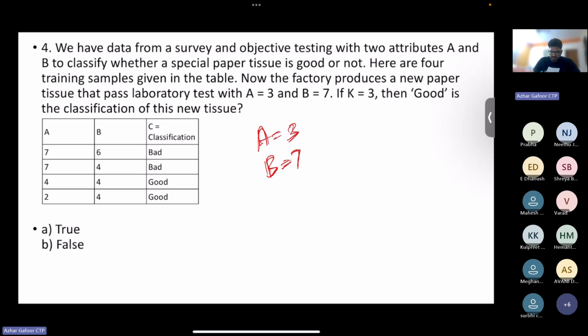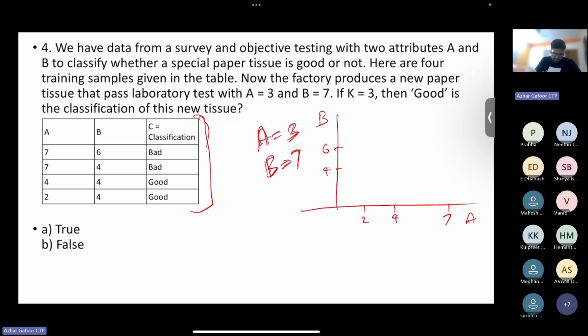So how will we proceed? This is the actual data that we have. A is 7, 7, 3, 1 and B is 7, 4, 4, 4.